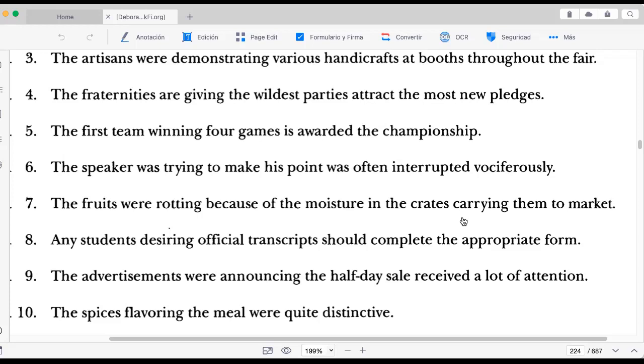Number 8. Any students desiring official transcripts should complete the appropriate form. Correct or incorrect? What is missing is complete. Tell me.